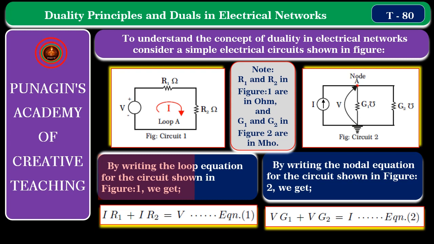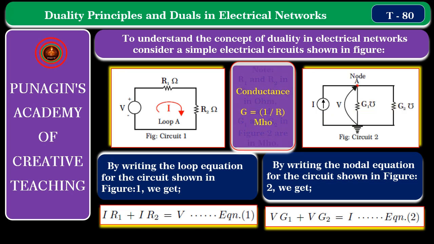By writing the loop equation for the circuit shown in figure 1, we get I into R1 plus I into R2 is equal to V. Similarly, by writing the nodal equation for the circuit shown in figure 2, we get V into G1 plus V into G2 is equal to I, where R1 and R2 in circuit 1 are in ohms and G1 and G2 in circuit 2 are in mho. We know that conductance G is equal to 1 upon R mho.